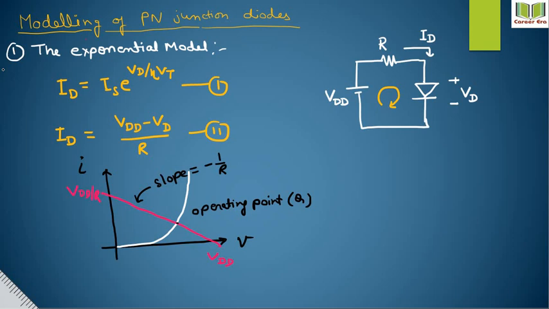And if we draw a line parallel to the V axis, the current obtained here is ID, and the voltage is VD. This is the graphical analysis using the exponential model.